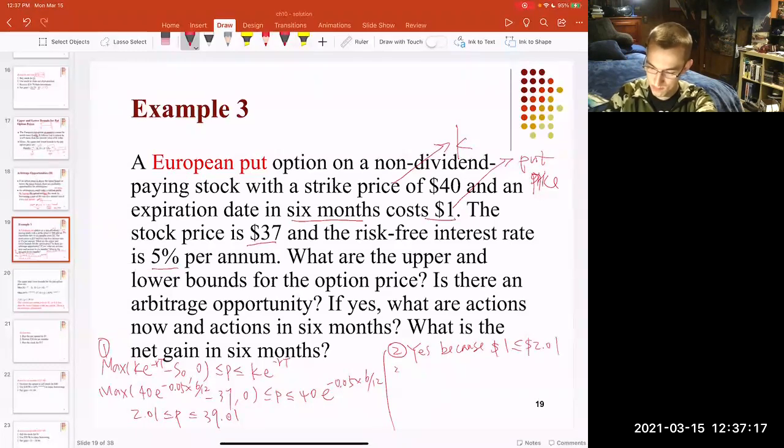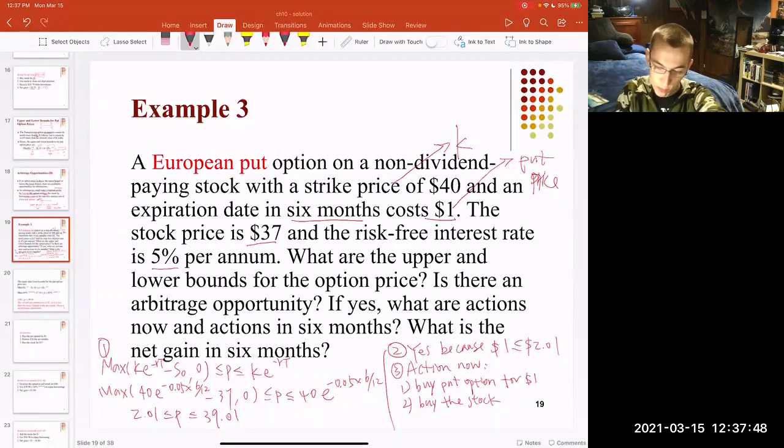And then what would be the actions? Now we're gonna buy low: buy the put option for $1, which is the market option price. And you should buy the stock for $37, because in the future you're gonna sell it.